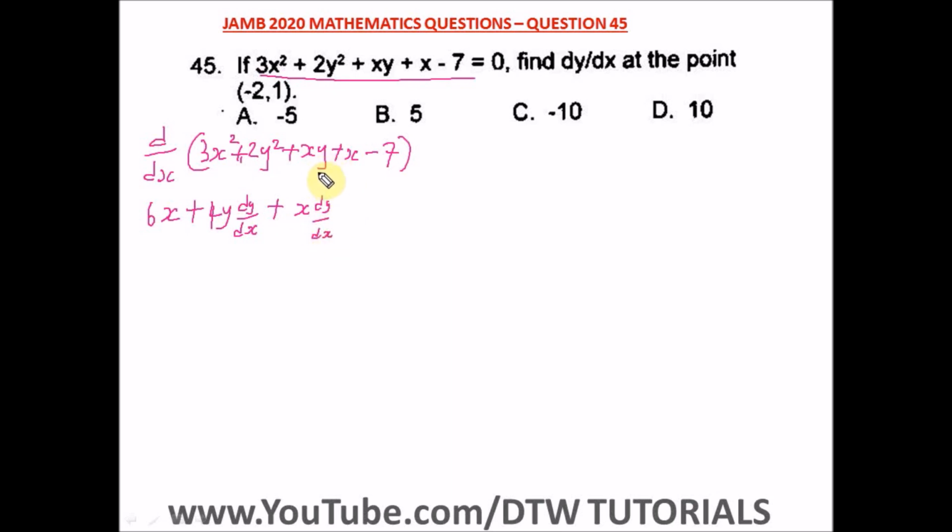We come back here and differentiate with respect to x, so plus y. Then differentiate this, we have plus 1, and this becomes 0.